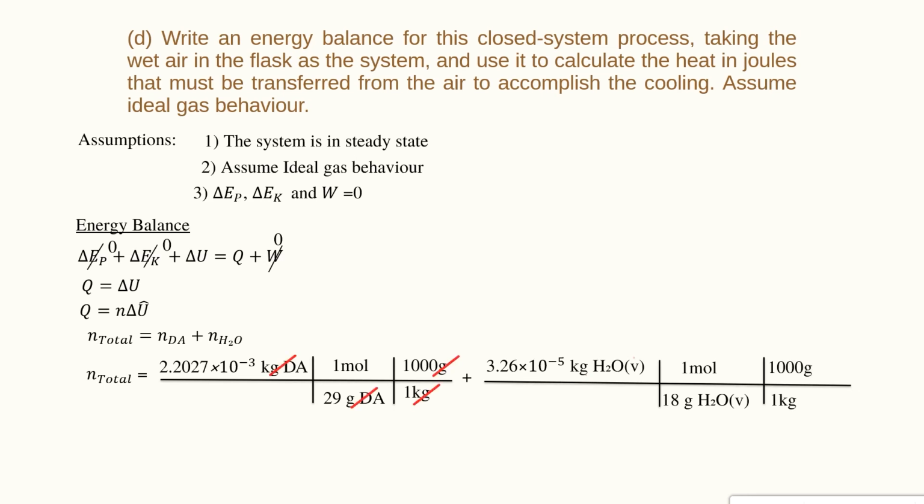All units cancel out and N total becomes 0.0778 mole. Next, delta H equals delta U plus N total RT. So we put all the values into this equation. We get delta U equal to negative 35.F53 joule. And the question needs us to calculate the heat in joules. So Q equals delta U, and Q equals negative 35.F53 joule.